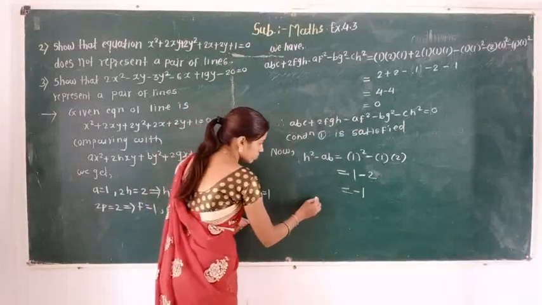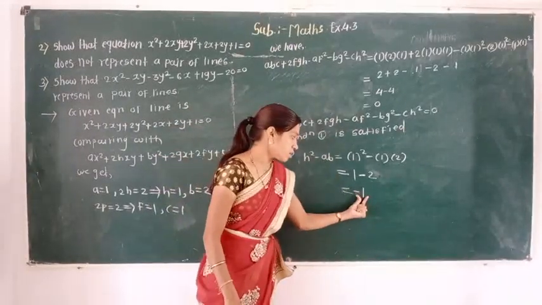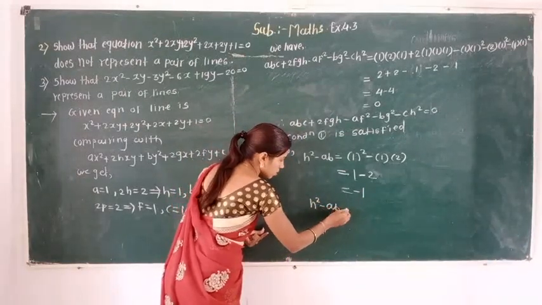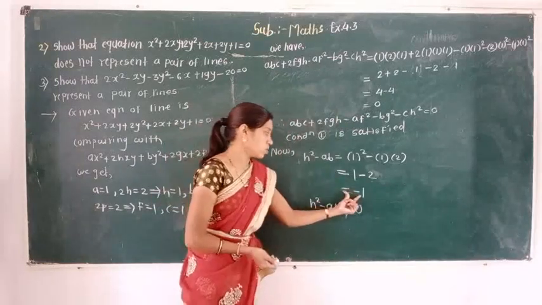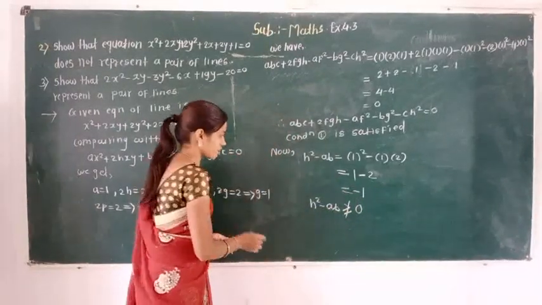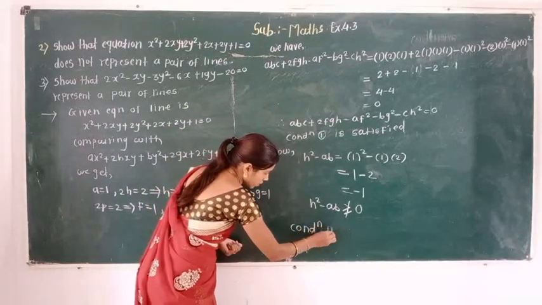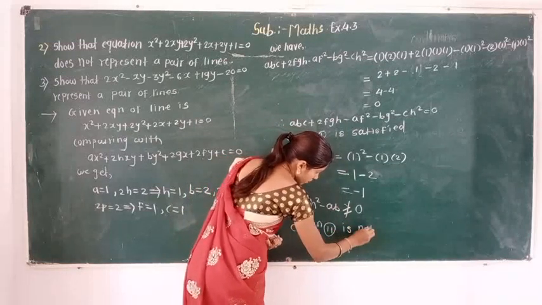In that case, the value of H square minus AB is minus 1, which is less than 0. So H square minus AB is not greater than or equal to 0. This value does not satisfy the second condition, which means the second condition is not satisfied.